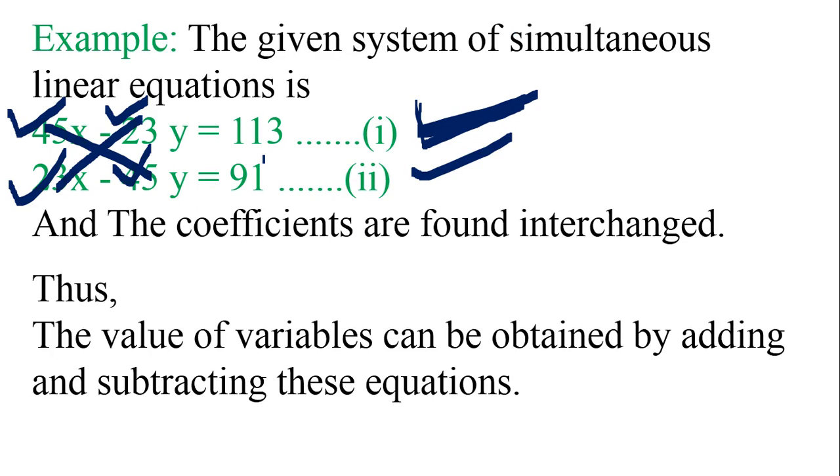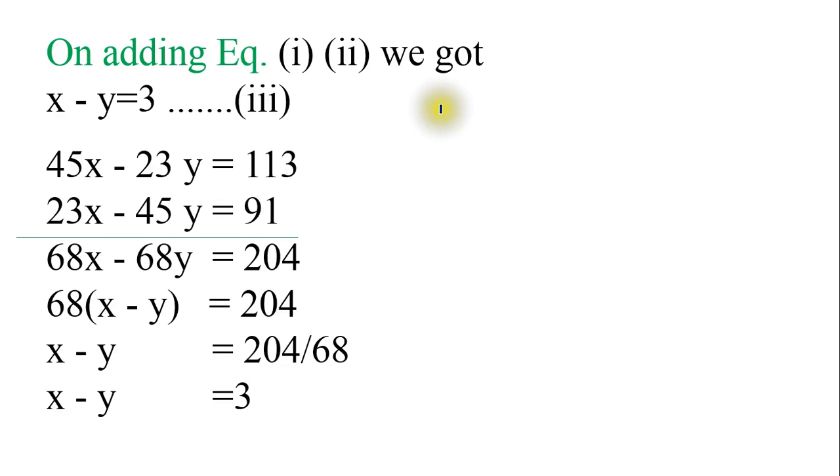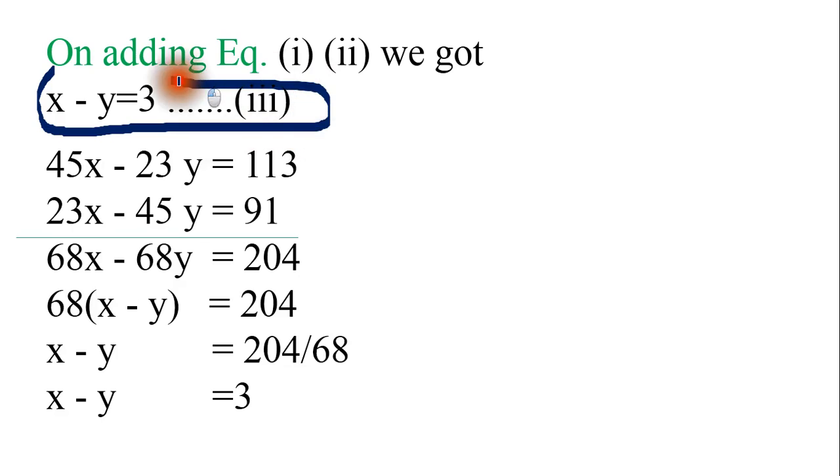On adding equation 1 and 2, we get x minus y is equal to 3. The calculation: if you add, this will be 68x minus 68y equals 204, and you can take out 68, and then x minus y is equal to 3 after transferring to this side.